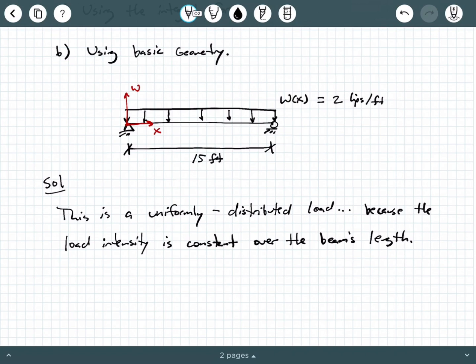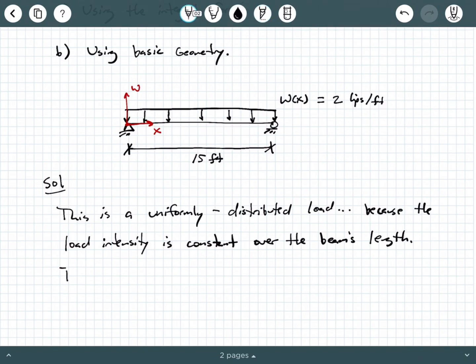Okay, there's no variability here. Throughout the entire length of the beam, the distributed load is constant with an intensity of 2 kips per foot. So that means every foot of this beam is experiencing 2 kips, and it's not changing. So this is essentially like a constant function.